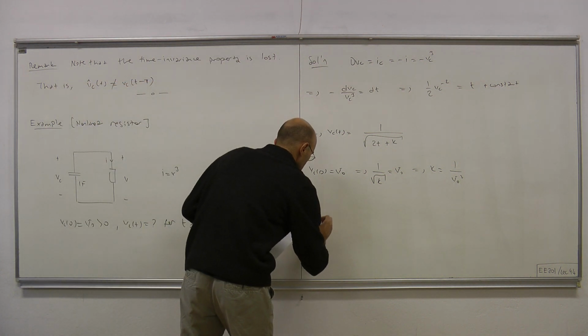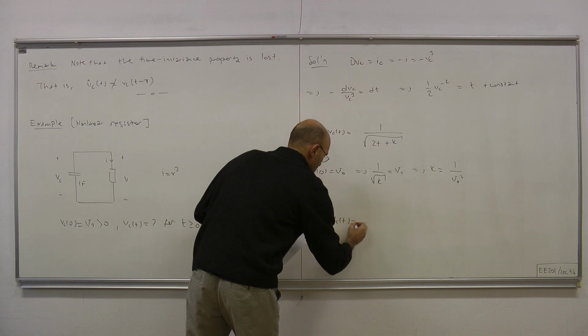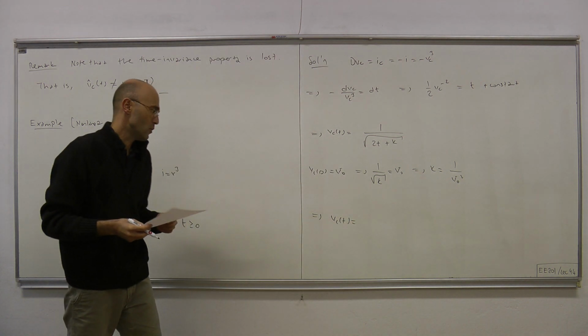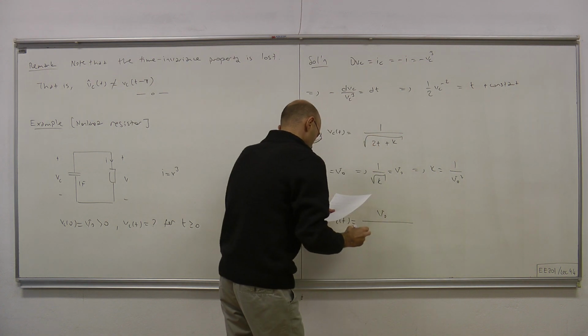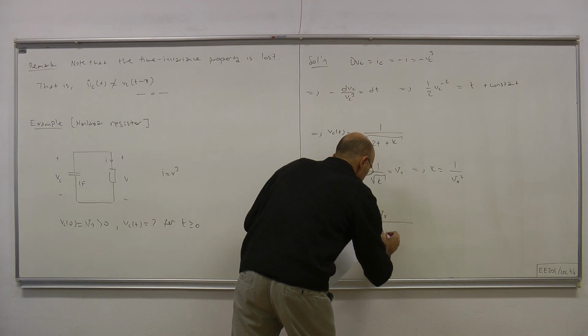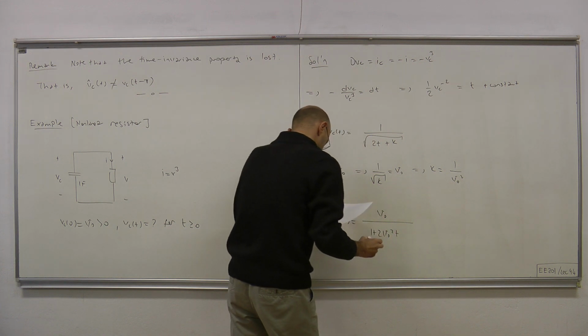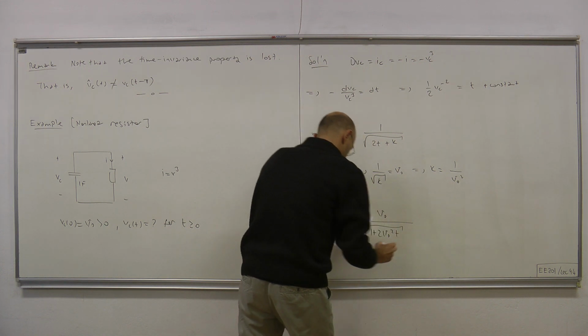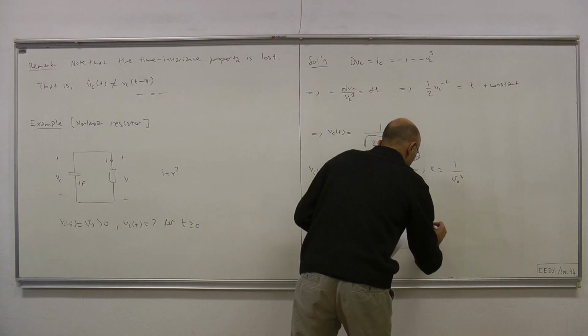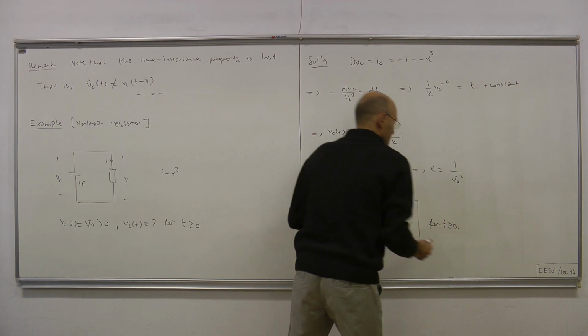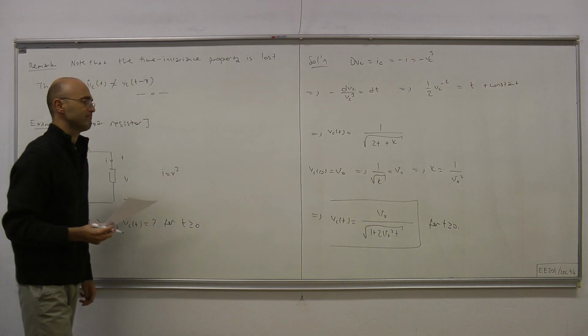This allows us to write explicitly the solution in terms of the initial condition as V0 over the square root of 1 plus 2 V0 squared t, for t positive.